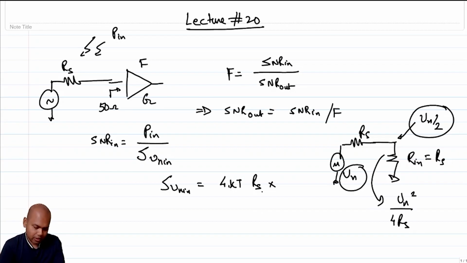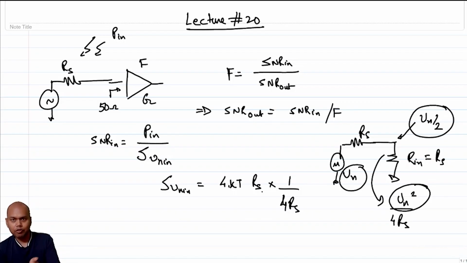So essentially I get the power spectral density to be 4kT Rs times 1 over 4 Rs, because the power spectral density corresponding to Vn square is 4kT Rs, and due to the matched load I get 1 over 4 Rs. So I essentially get kT.